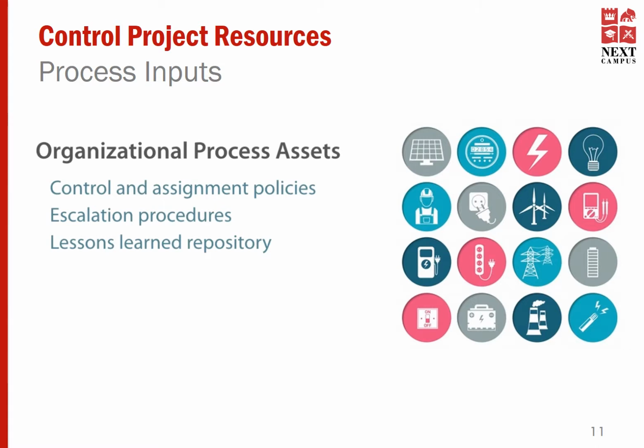The organizational process assets that can influence the control resource process include but are not limited to policies regarding resource control and assignment, escalation procedures for handling issues within the performing organization, and lessons learned repository from previous similar projects.